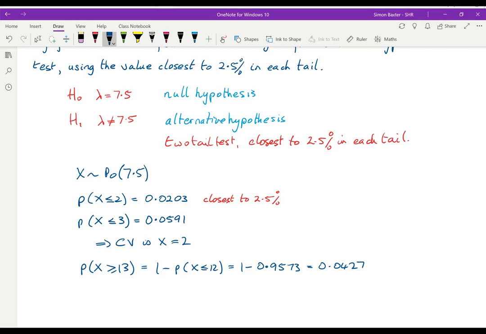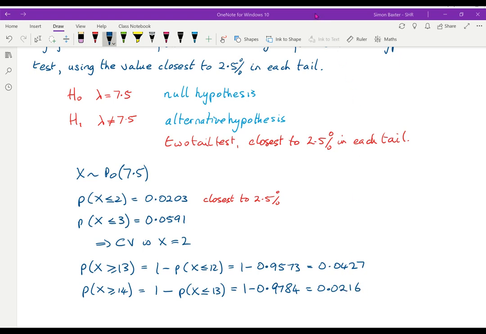We need to move out to get less than 2.5%. That's probability X is greater than or equal to 14. That is 1 minus P(X less than or equal to 13), which is 1 minus 0.9784, and that is 0.0216. We now have one more than 2.5%, the other less than 2.5%.